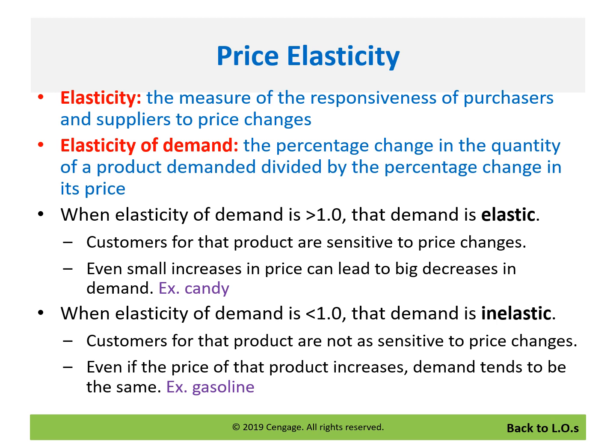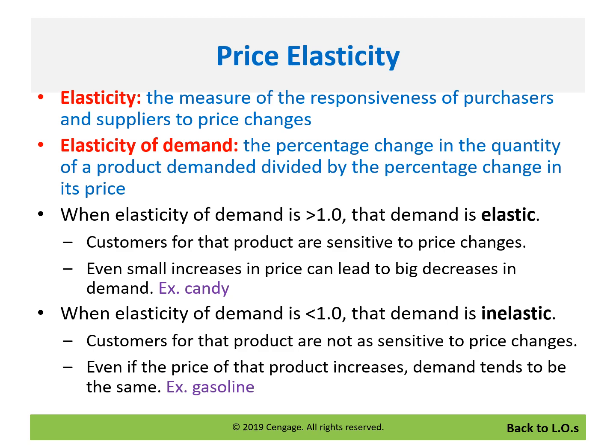When elasticity of demand is less than 1, that demand is inelastic, meaning customers for that product are not as sensitive to price changes. Even if the price of that product increases, demand tends to be the same. For example, gasoline. When the price of gasoline increases, buyers would still buy because it is a necessity and demand will not decrease as much.